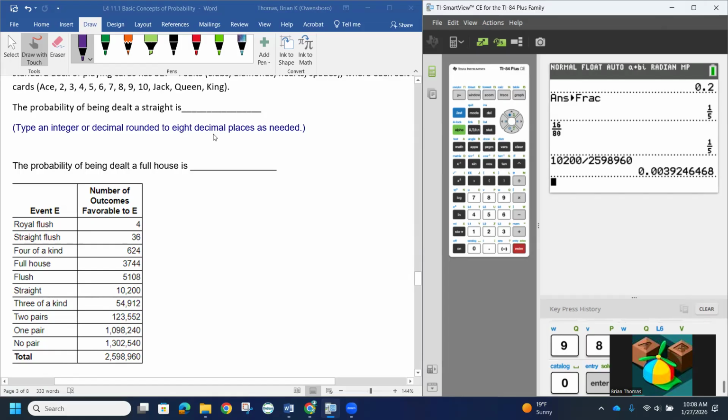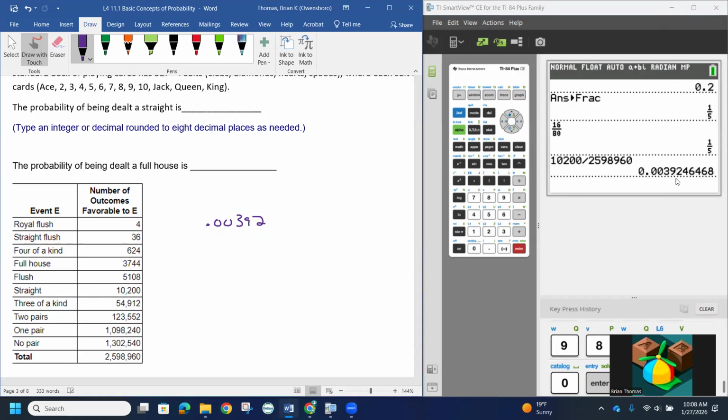So if we look at this, I had 0.00392, 5, 464. And then that's what, 1, 2, 3, 4, 5, 6, 7.